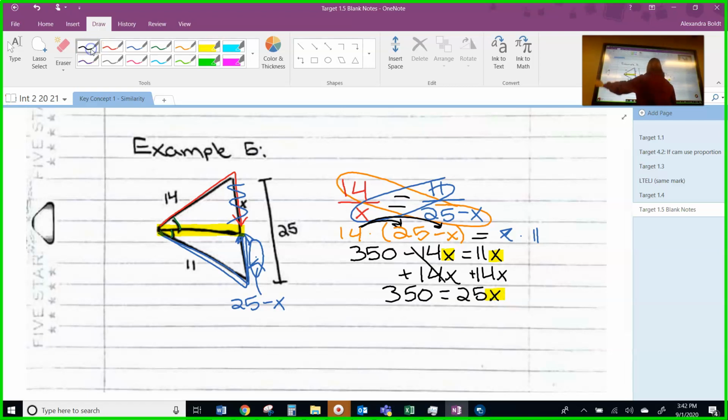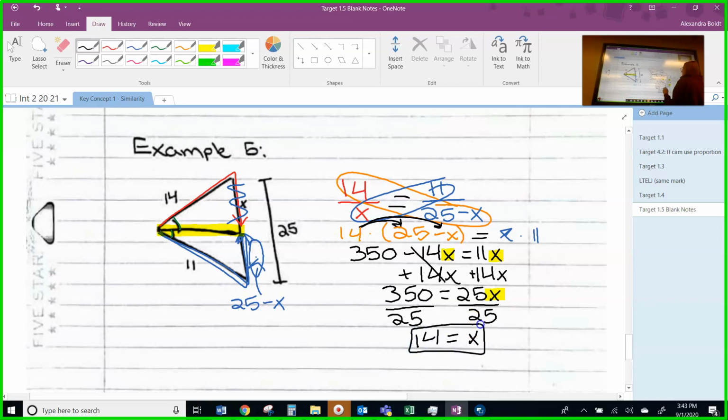So to solve for it, I'm going to divide by 25. And I get x equals 14.